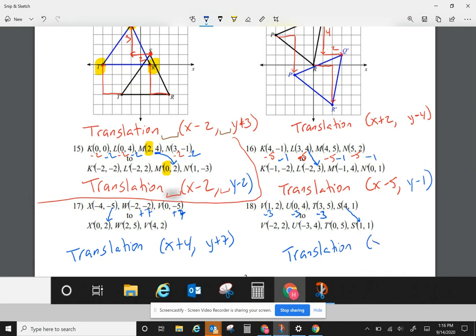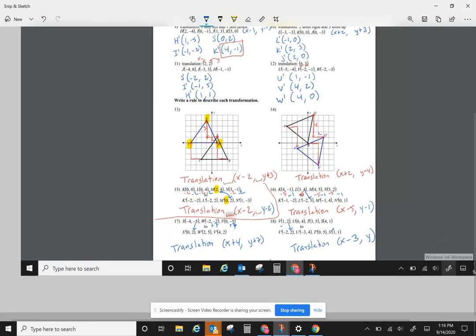Let me do this as x minus 3. Now let me find out what am I doing to y. I notice that I don't do anything. Then just type in y. Right? If I take a glance, I didn't change the y value from any point. So this is how we write the rules.